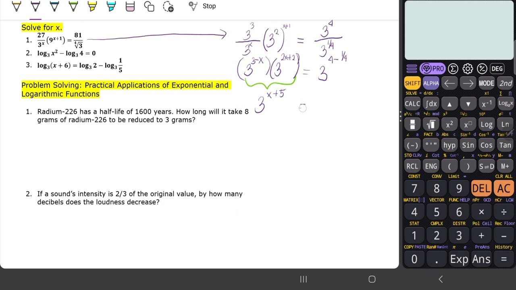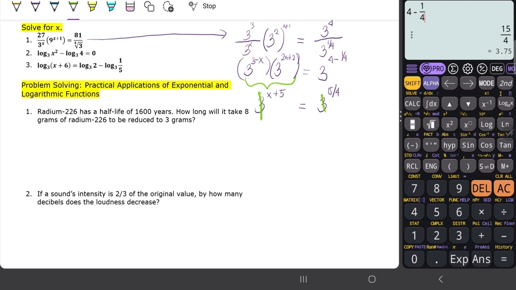And sa kabila naman, if you do the subtraction, so 4 minus 1/4 is equal to 3.75, or in fraction, that is 15/4.